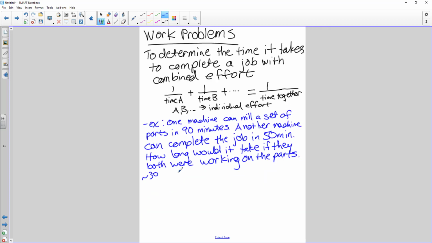So using this formula, I'll do 1 over 90, the first machine takes 90 minutes alone, plus 1 over 50, the second one takes 50 minutes alone, equals 1 over the time together, which is what I don't know. So we'll call it x. Could use t or x. Okay, so common denominator between 90, 50, and x.